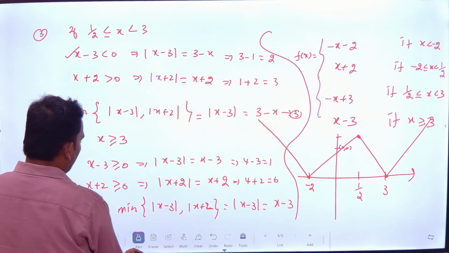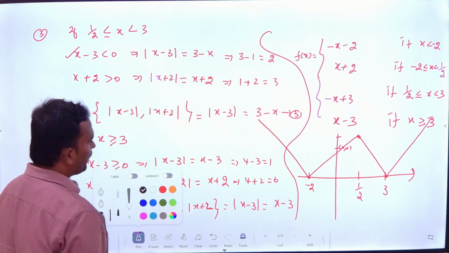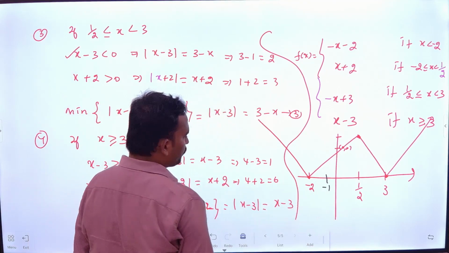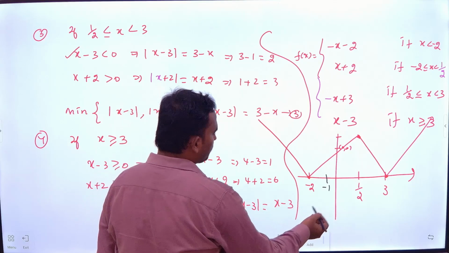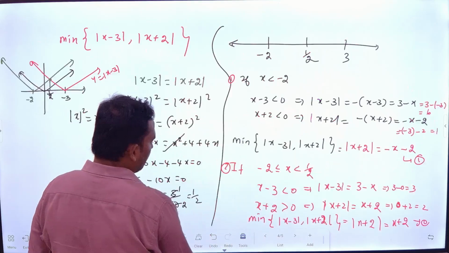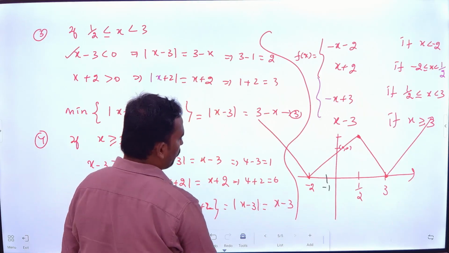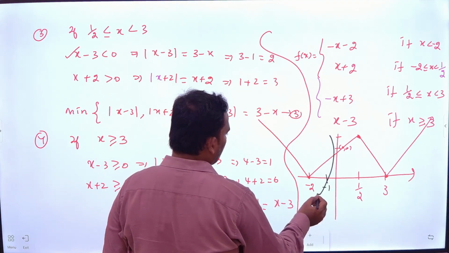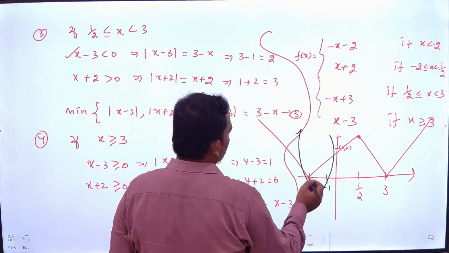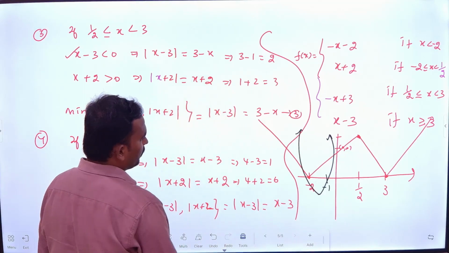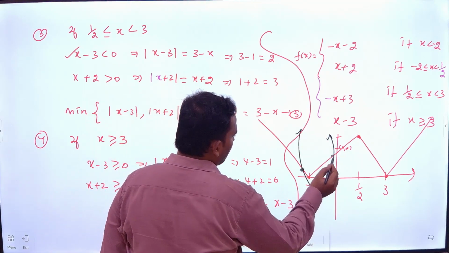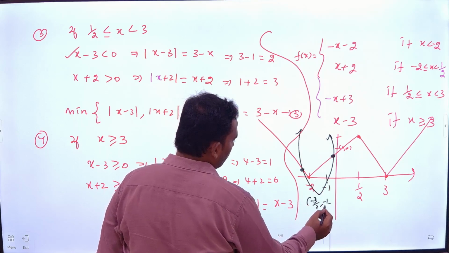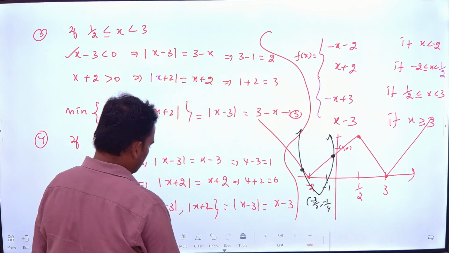Okay, so now you can draw the graph of the left side. You already know that the graph will be intersecting at minus 2, minus 1. The vertex will be, what is the vertex here? Minus 3 by 2, minus 1 by 4, right? Let's take here, the graph is going like this, right? So you can see the graph is intersecting at 2 points. This is minus 3 by 2 comma minus 1 by 4, right?